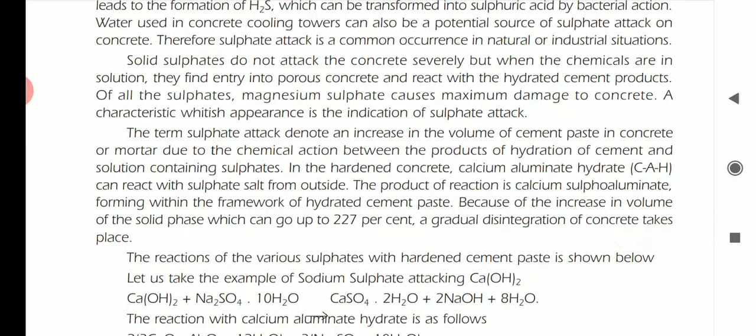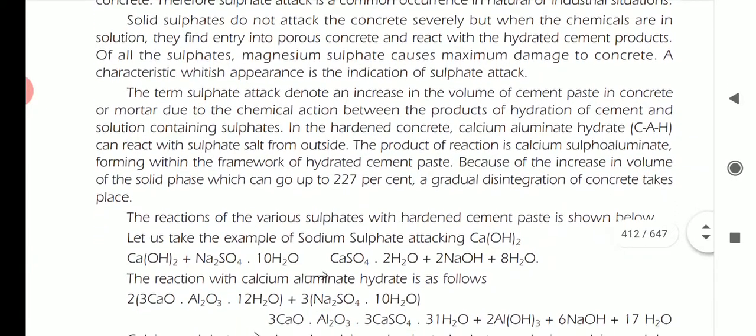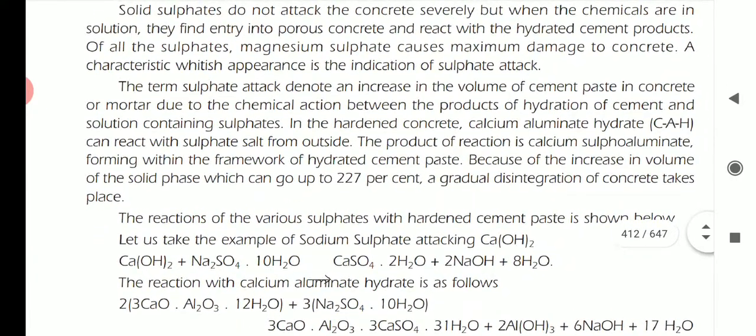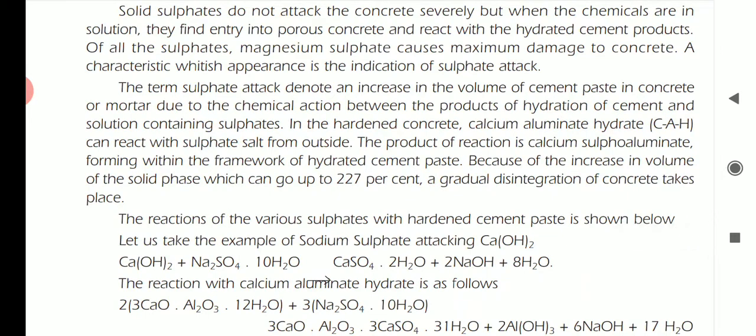The term sulfate attack denotes an increase in the volume of cement paste in a concrete or mortar due to the chemical action between products of hydration of cement and the solution containing sulfates. When the solution containing sulfates enters into the concrete, it increases the volume.